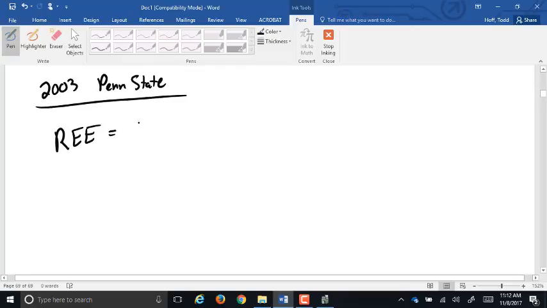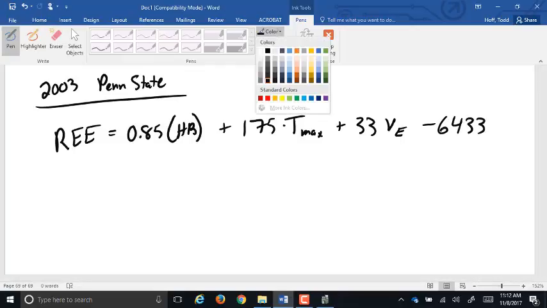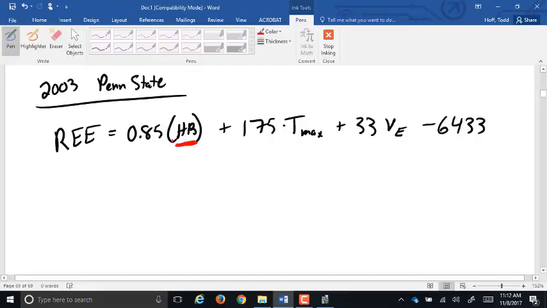Your resting energy expenditure is 0.85 times the Harris-Benedict factor plus 175 times your max body temperature plus 33 times your volume of air exhaled and inhaled minus 6433. Now, we've already said the Harris-Benedict factor has nothing in it that would be affected by you working out.